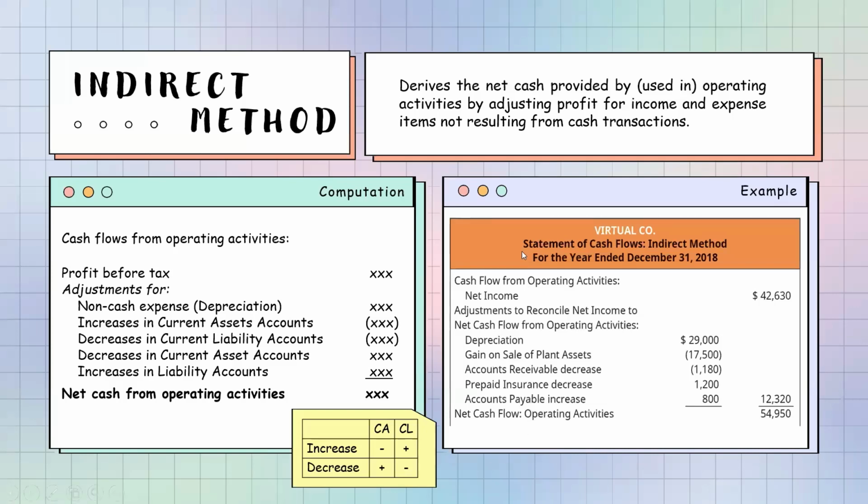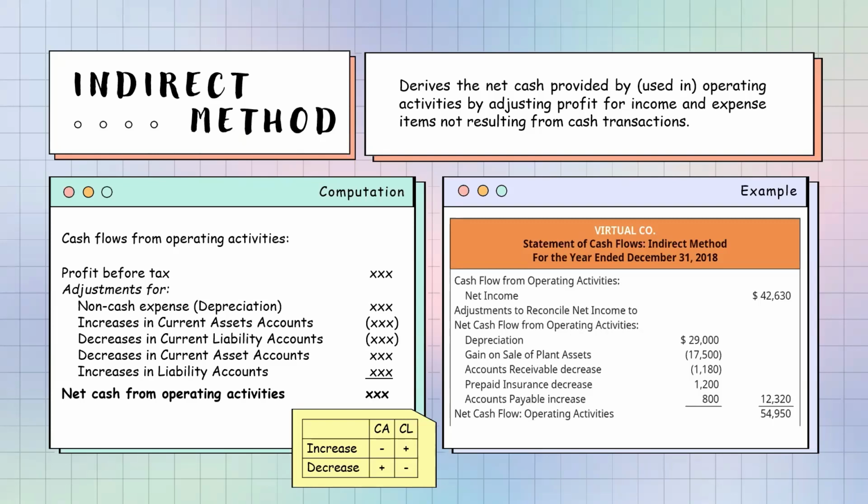So, next na tayo. Ay, dito pala sa kabila is yung example ng actual na statement of cash flows under indirect method sa operating activities. So, per PAS 7, enterprises are encouraged to report the cash flows from operating activities using direct method, but the indirect method is also acceptable.